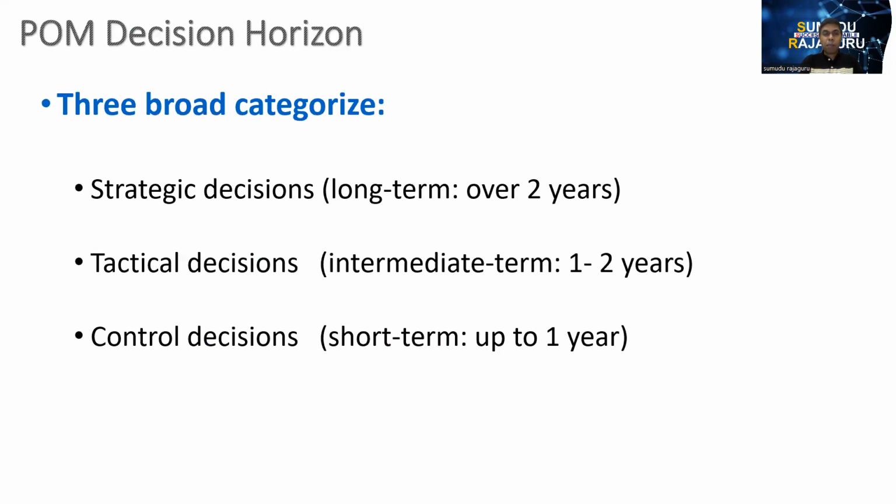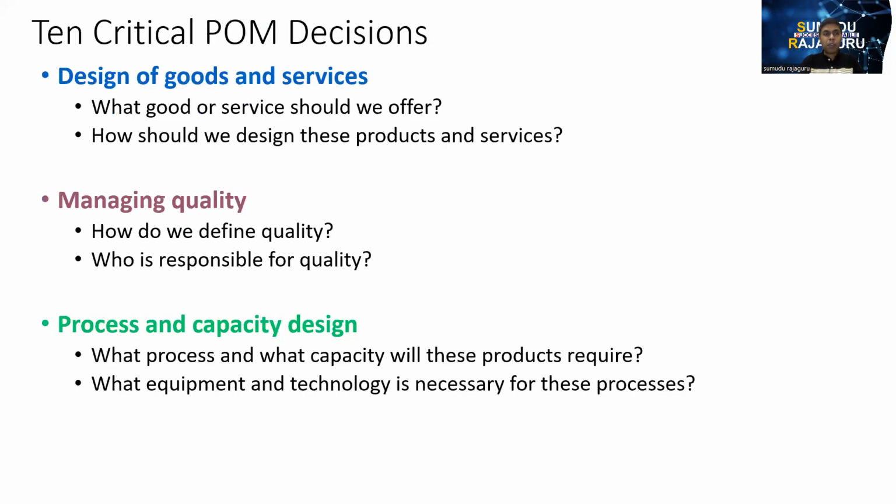When we consider decisions, there are several decision horizons. There are mainly three: strategic, tactical, and control. Strategic means more than 2 years. Tactical means decisions related to 1 to 2 years. Control decisions are a maximum of up to 1 year. So there are 10 critical production and operation management decisions we have to take if we are engaged in operation management.